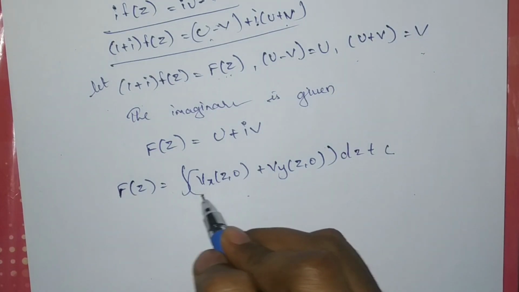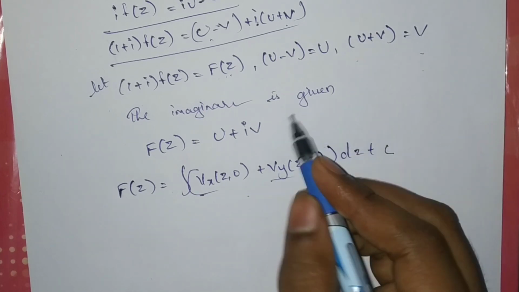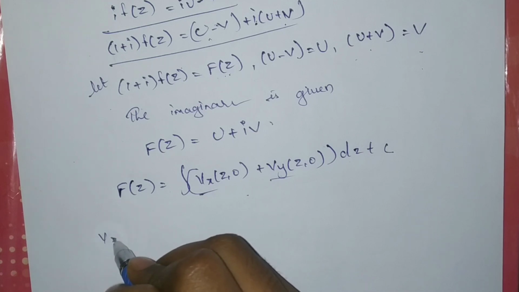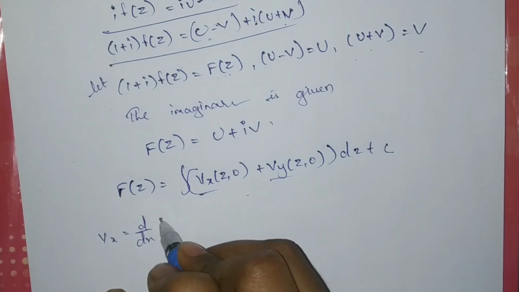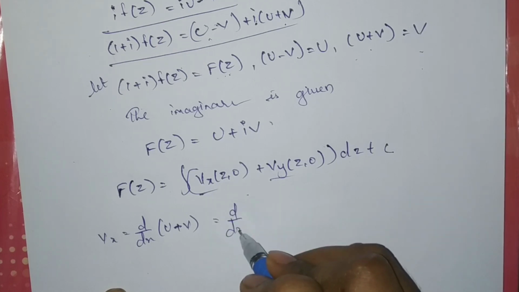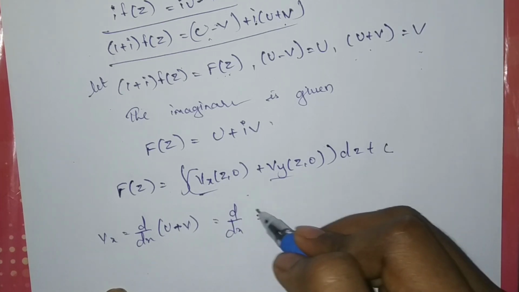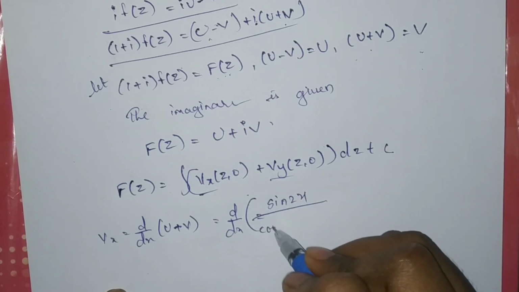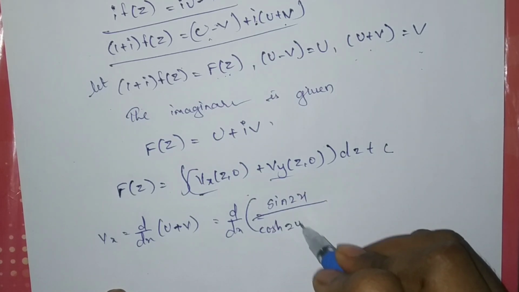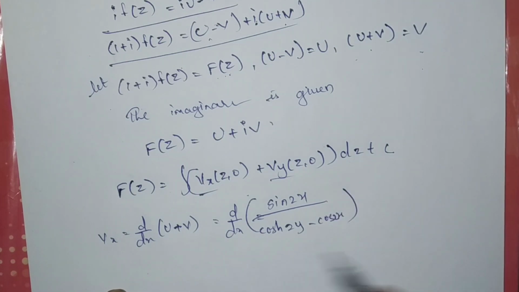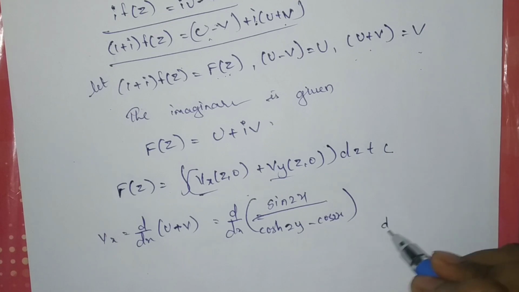Here we have to find vx and vy. Here v is u + v. So vx = d/dx of (u + v), which is given in the question as sin 2x by (cosh 2y − cos 2x). It is of the form d/dx of u/v.